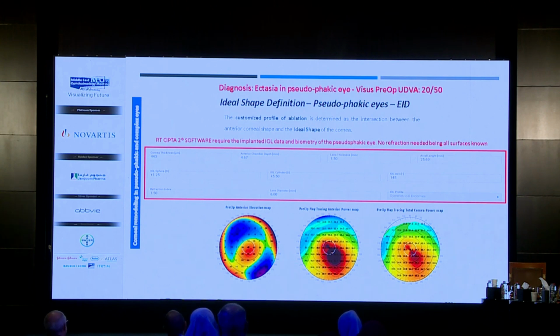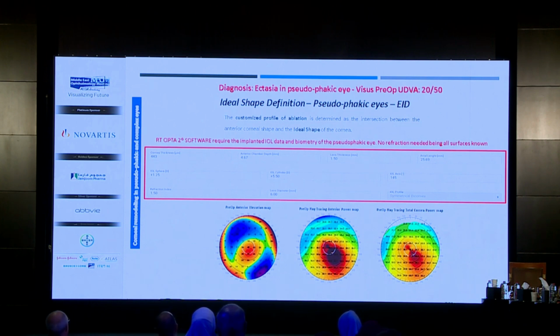You can see here the input data. We have here the corneal thickness, the anterior chamber depth, lens thickness, axial length from biometry. This is the power of the IOL, plus 1.25 sphere, plus 5.50 diopters, axis 145 degrees of the IOL.